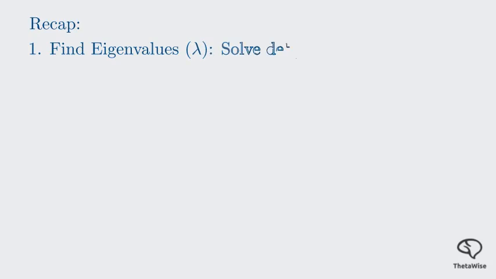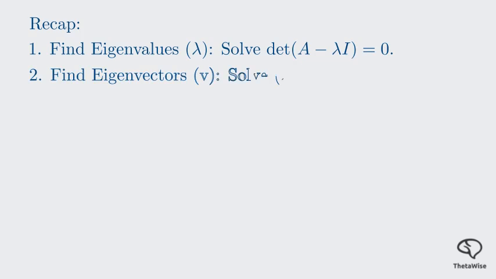Let's recap what we've learned so far. We've defined eigenvalues and eigenvectors, and we've seen the step-by-step process to find them. First, we find the eigenvalues by solving the characteristic equation, the determinant of A minus lambda I equals 0. Second, for each eigenvalue, we find the corresponding eigenvectors by solving the homogeneous system, (A minus lambda I)v equals 0.